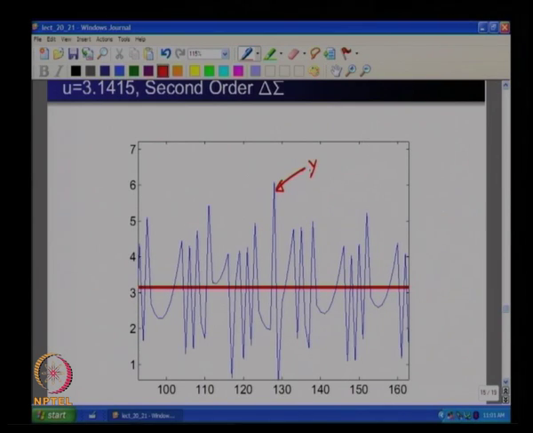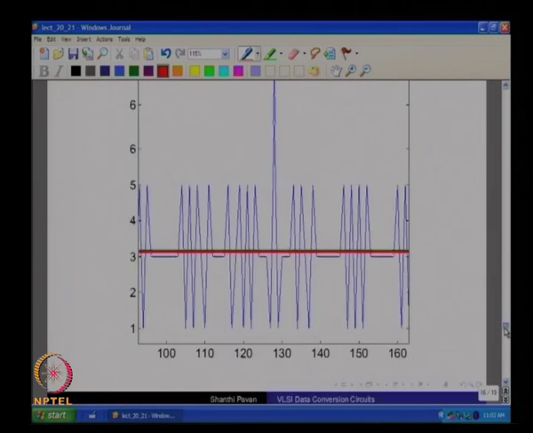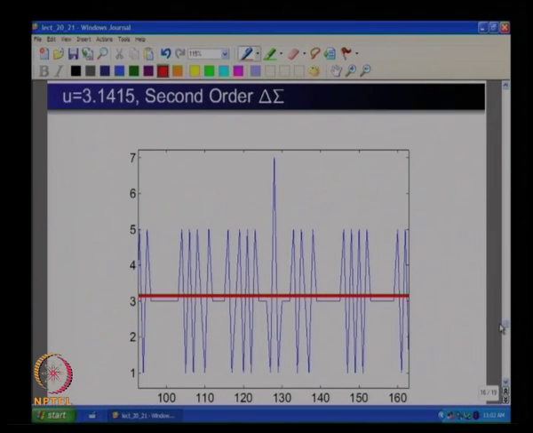This is y, this is u, and as you can see the input to the quantizer is some noise process riding over the DC input, and the quantized output of course will have only discrete levels.